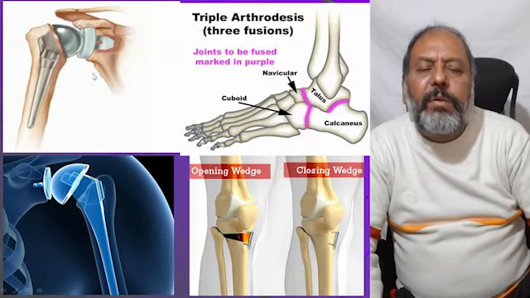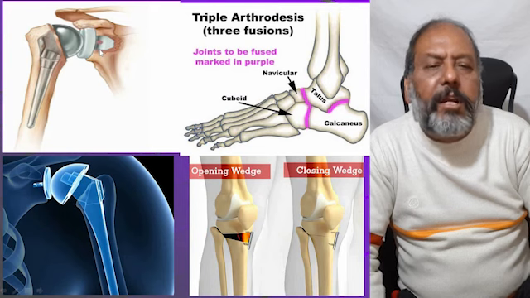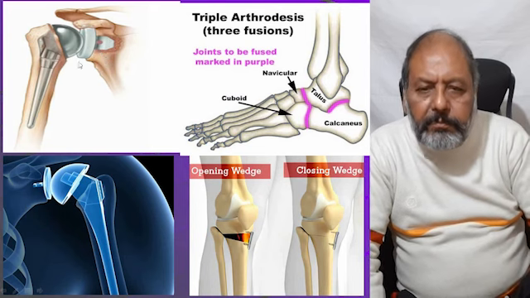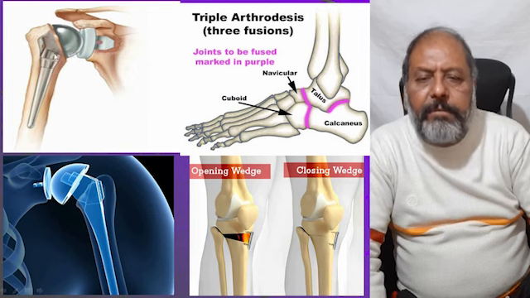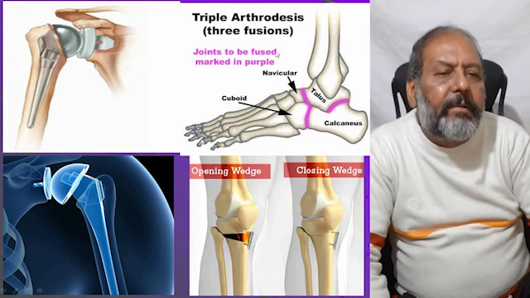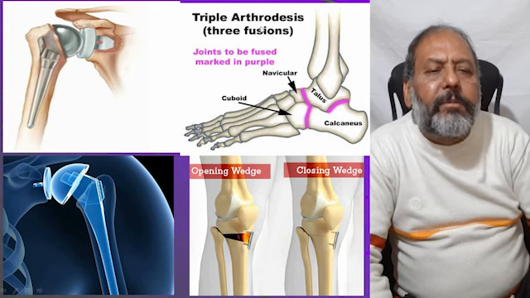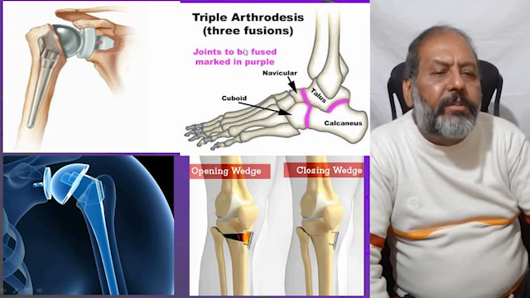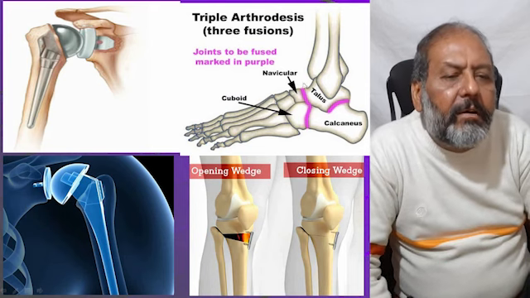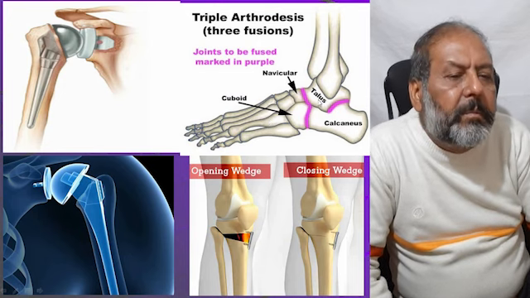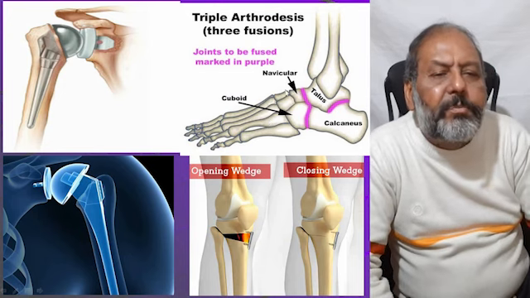So here one can see the joint replacement in case of the humerus, and that is the shoulder joint. That is the fusion arthrodesis, triple arthrodesis, which means the navicular bone, cuboid bone, talus bone and calcaneus bone.